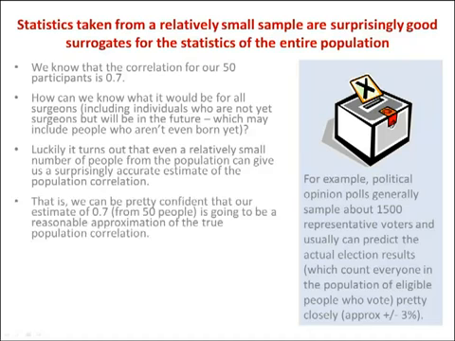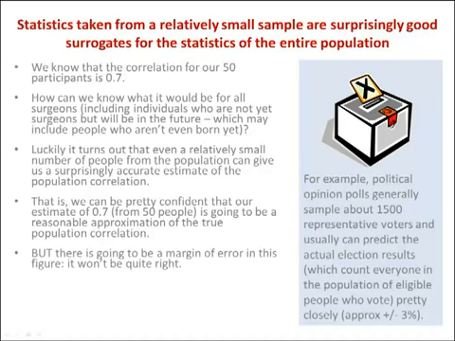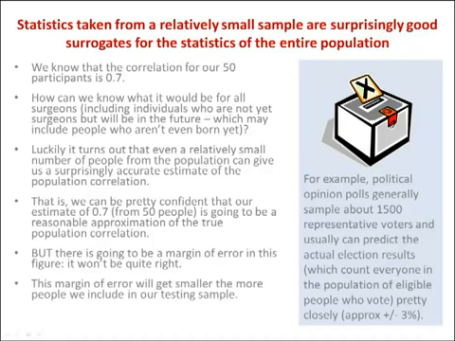So what it means is that we can be reasonably confident that our estimate of 0.7 from 50 people will be some sort of reasonable approximation of the true population correlation. But the point is that there's going to be some sort of margin of error in this figure. It won't be quite right. But basically, the more people you test, the smaller the margin of error.